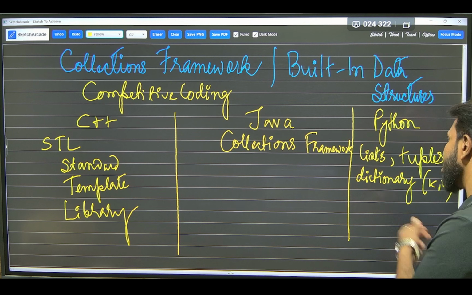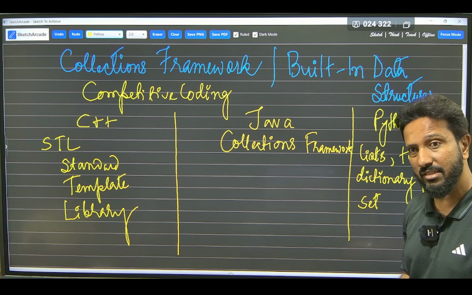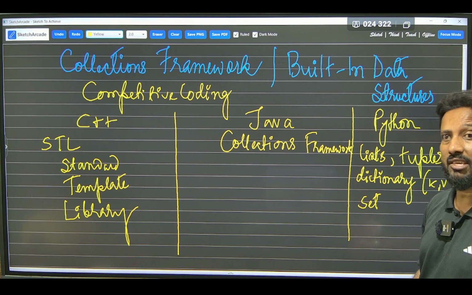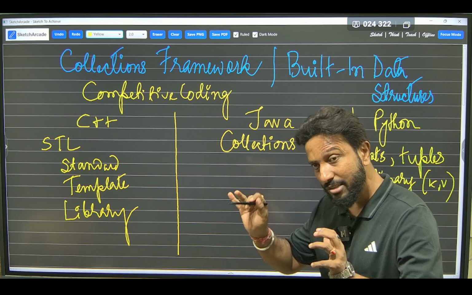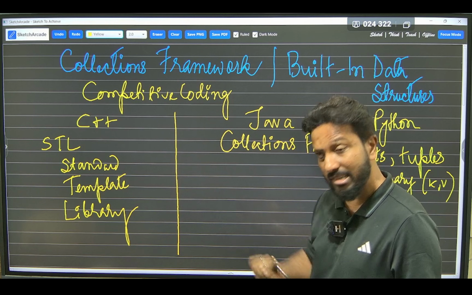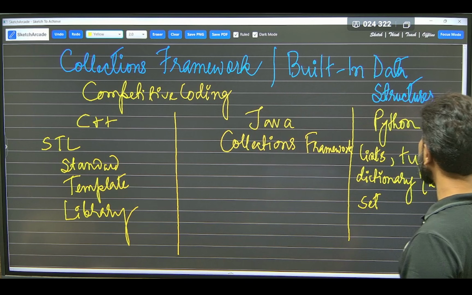If you want unique items, you have the set data structure. These are the built-in types in Python, and there are lots of others. And in C++, it is called the standard template library, where you get many things. I will give you all the names, don't have to worry.